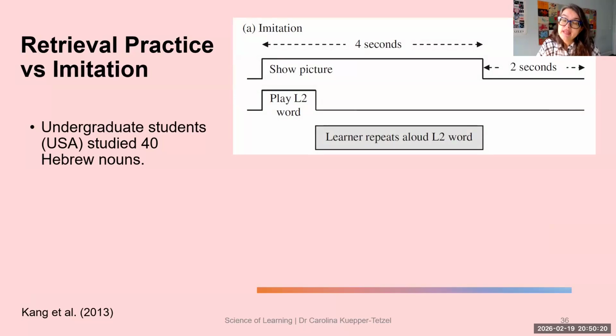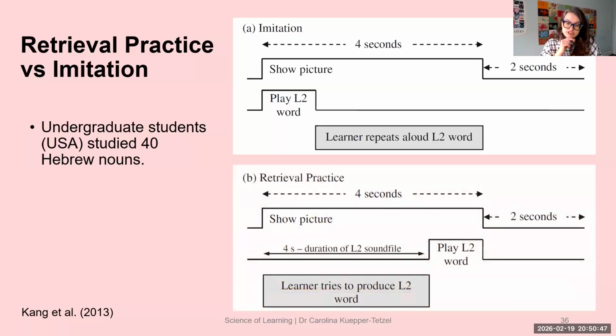They wanted to find out what is better, imitation or retrieval practice. A picture was shown, at the same time the audio file was played, and the learner repeated the word out loud. Then the next trial happened. That was the imitation condition.